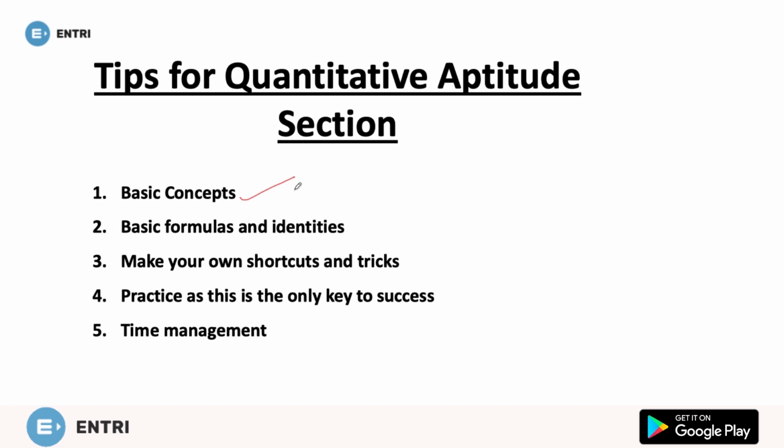We all know that QA questions are related to the basic concepts which we learned in middle school, that is in classes 6th, 7th, 8th, 9th and 10th. So all these classes play an important role. The concepts are the most important things to remember in order to score good marks in bank exams. Only when you are clear about your concepts can you clear this section easily.